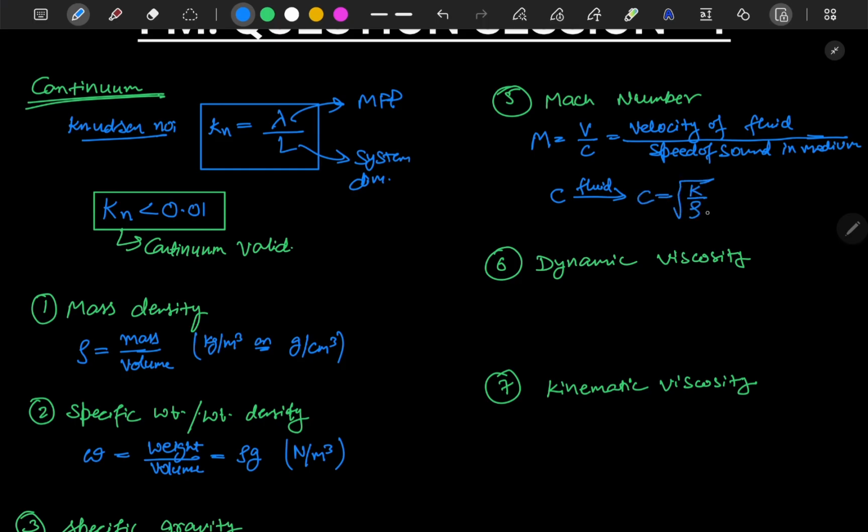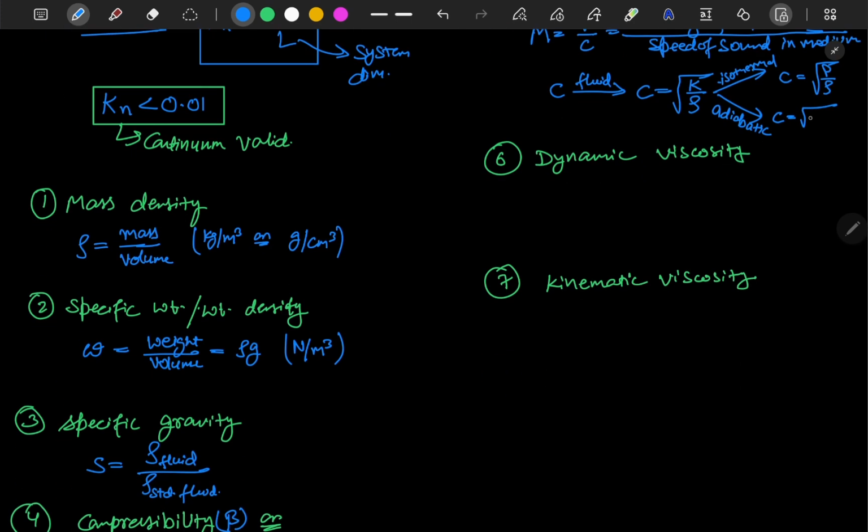Basically in solid also the same is given, but instead of K, there we use modulus of elasticity E. Now in case of isothermal or adiabatic we can talk in two cases. For isothermal we can write C is equal to root of P by rho, and for adiabatic we can write C is equal to root of gamma RT.